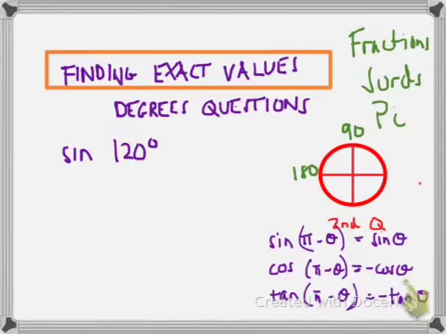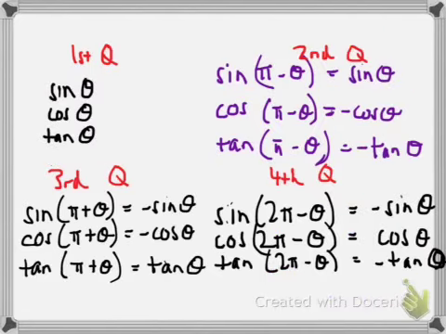As soon as I see that, I use my second quadrant rules. Remember, we've just developed sine, cos, and tan in other quadrants. Just to digress for a moment, I'll put on this slide the four sets of rules: first quadrant, second quadrant, third quadrant, fourth quadrant. Whichever quadrant our angle falls into, that's the set of rules that we'll rely on.